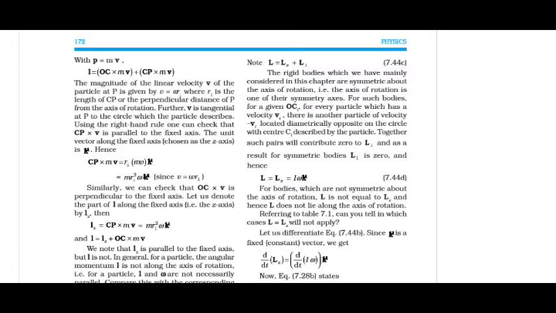For such bodies, for every particle which has the velocity vi, there is another particle of velocity minus vi located diametrically opposite on the circle with the center Ci described by the particle. Together, such a pair will contribute 0 to L perpendicular. As a result, for symmetric bodies, L perpendicular is 0, and hence L is equal to Lz is equal to I omega.